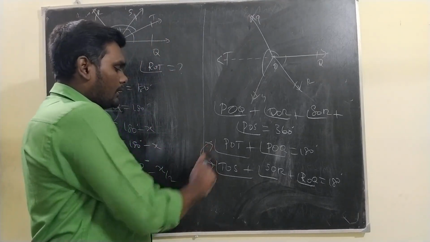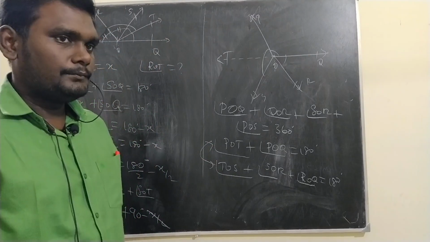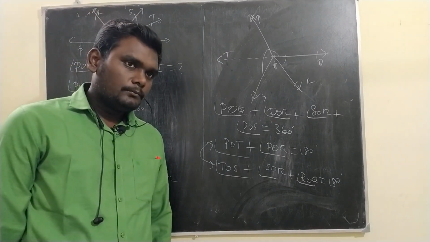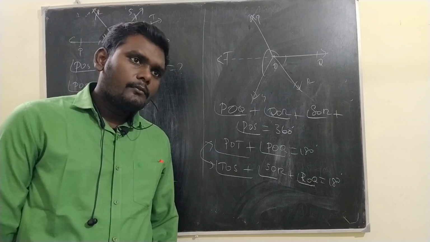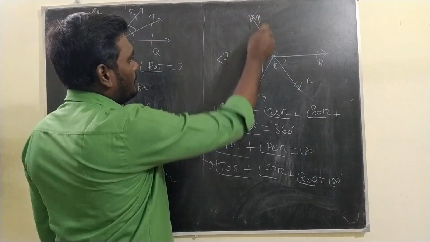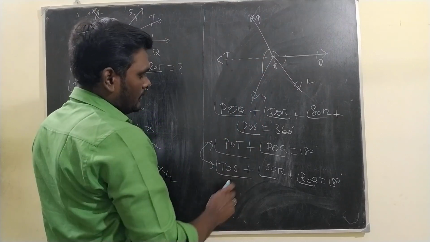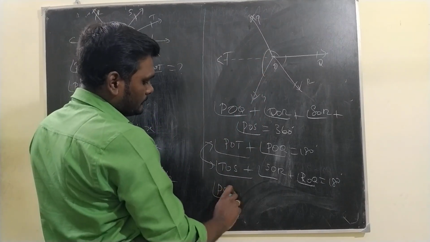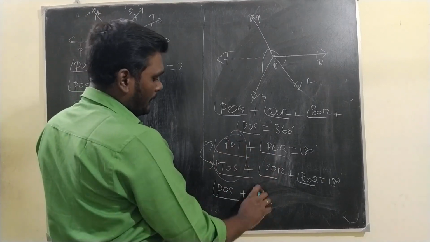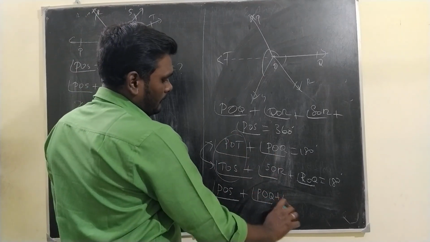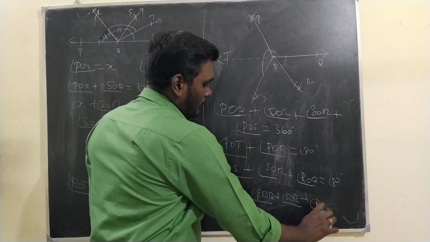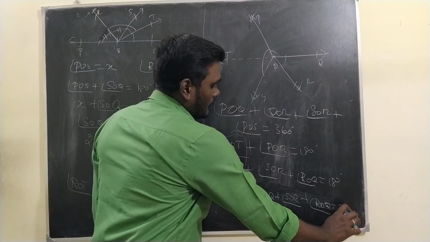Now we have to add these two or subtract these two to get 360. Add it, that's all. So POT plus TOS, how much? That is POS, is it? Yeah, these two. And then after that POQ plus angle SOR plus angle ROQ equals 360 degree.